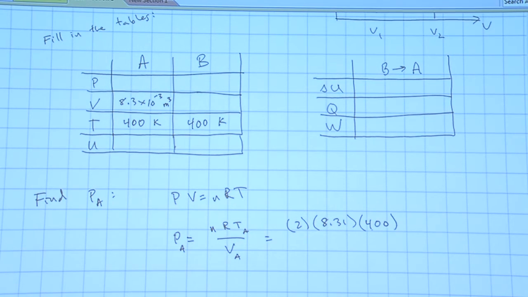Temperature has to be in Kelvin. It's 400 Kelvin. And 8.3 times 10 to the minus 3 cubic meters. That gives us a pressure in pascals. 8 times 10 to the 5th pascals. I'll go ahead and put that in my chart.